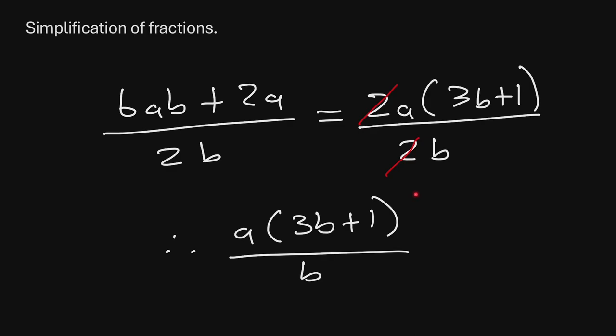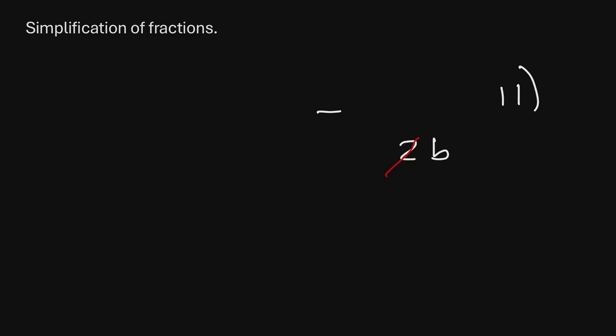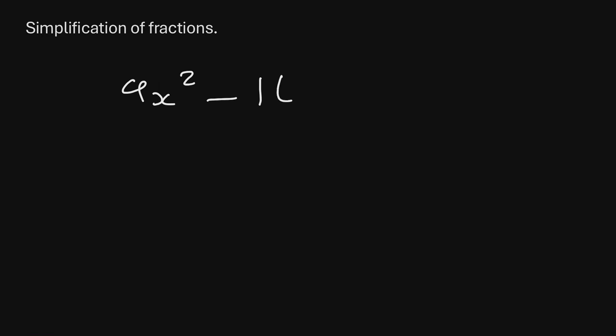So now, we can move on to the next problem. Let's say, for example, we have 9x squared minus 16 all divided by 6x minus 8. Remember, I said you need to know how to factorize in different ways.